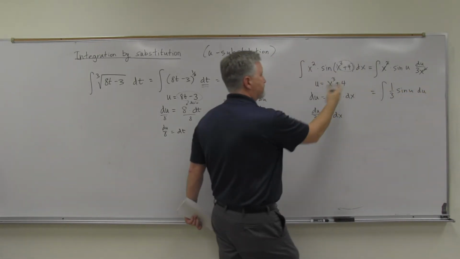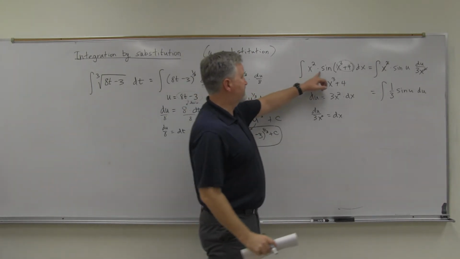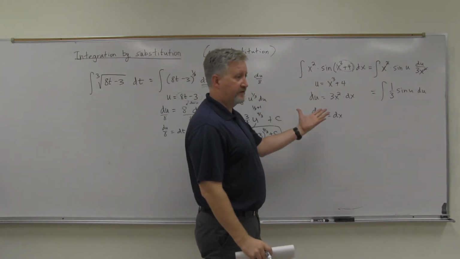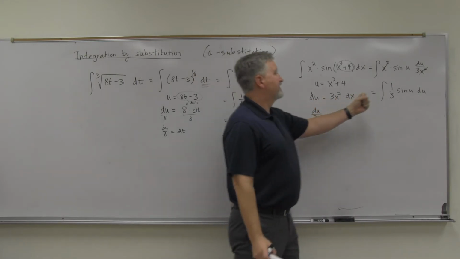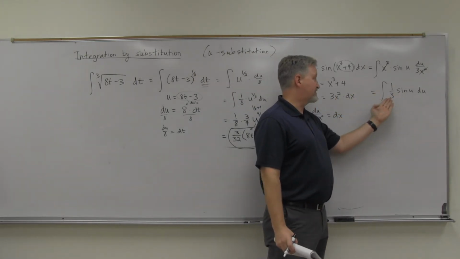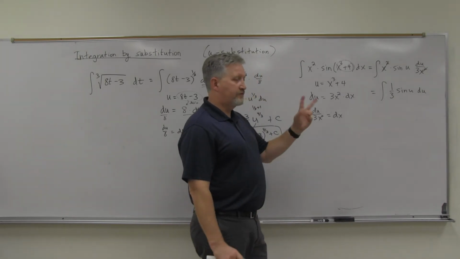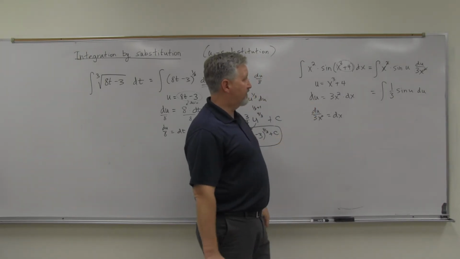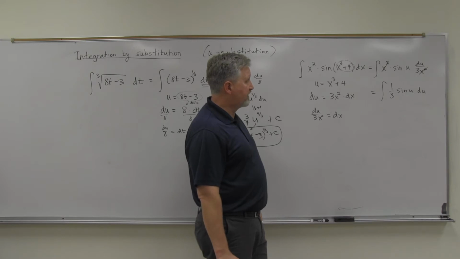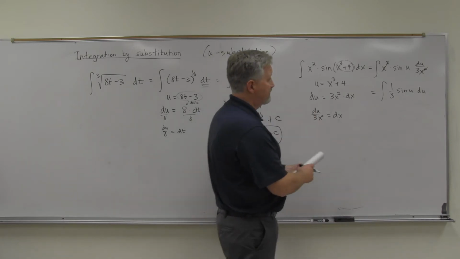And again, I've gone from this, which has multiplication in it, which is bad for integrals, so to speak, to now I don't have that problem, because now it's just 1/3 times sine of u. There's not two variables multiplied together there. So that's just antiderivative power, which is what?